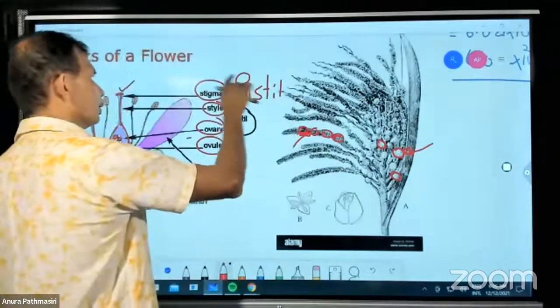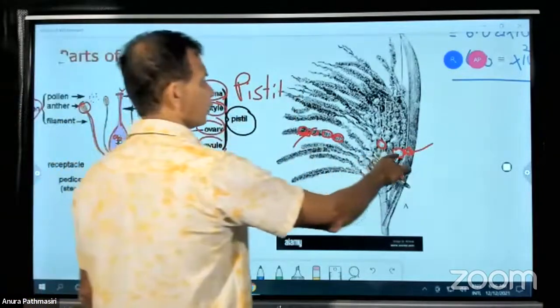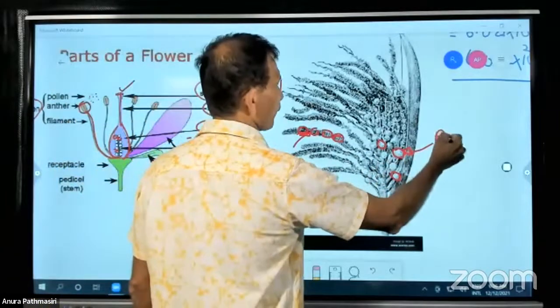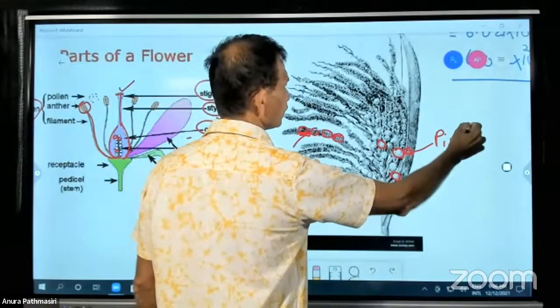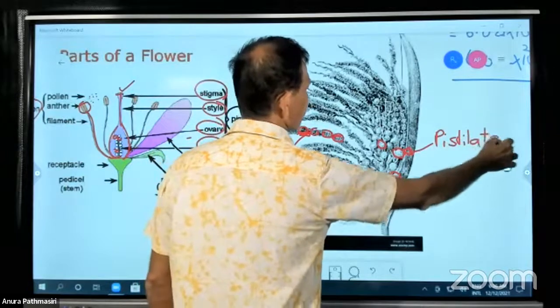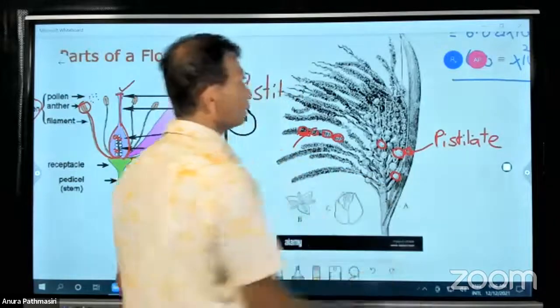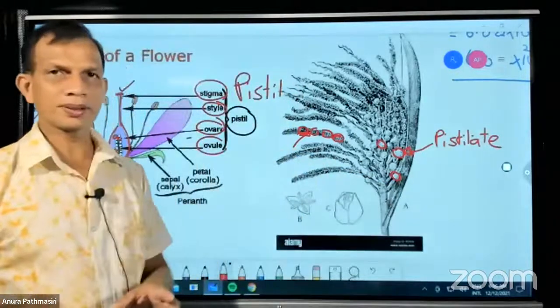For the female one, we call it pistillate flower, not pistil.